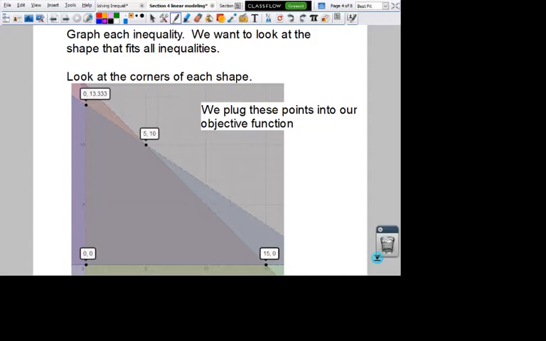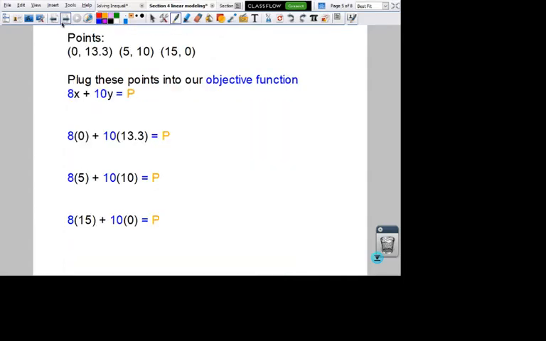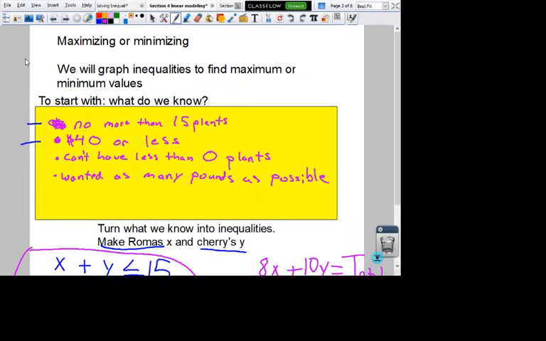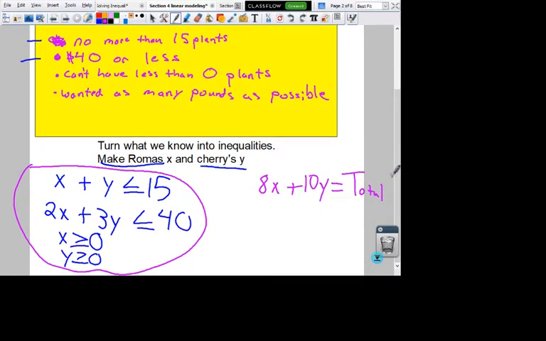So these are the 4 points. We're going to plug these into what is called our objective function. You guys remember the piece that said 8x plus 10y equals our total? We're going to plug our x and y coordinates into this piece right here.